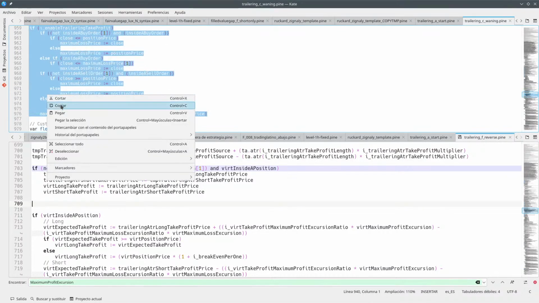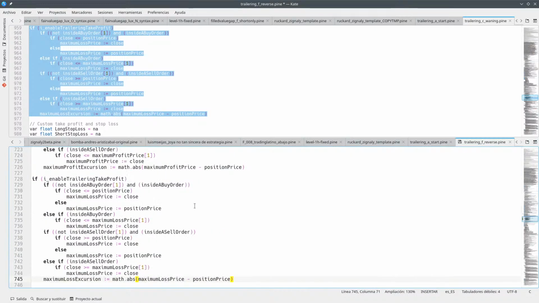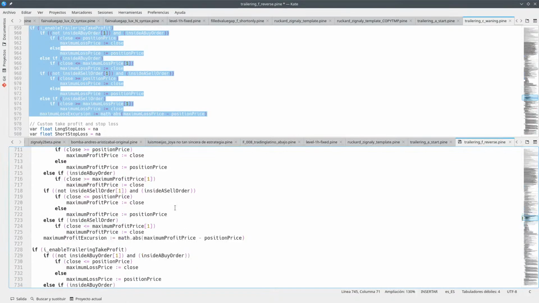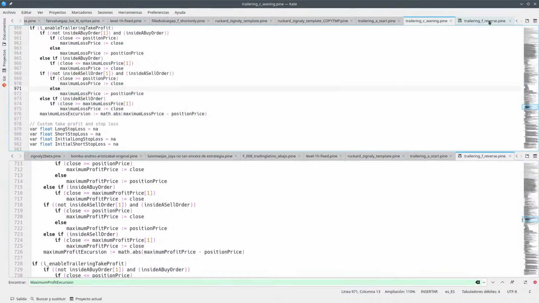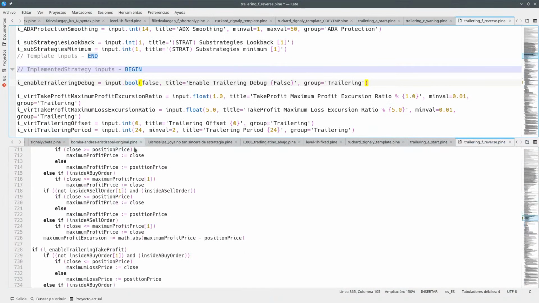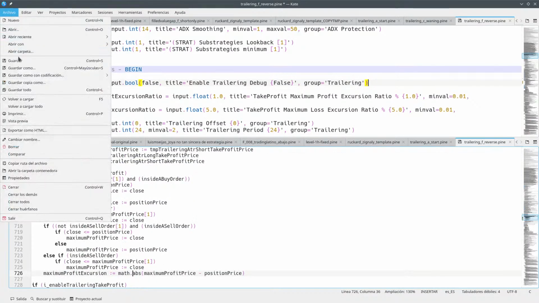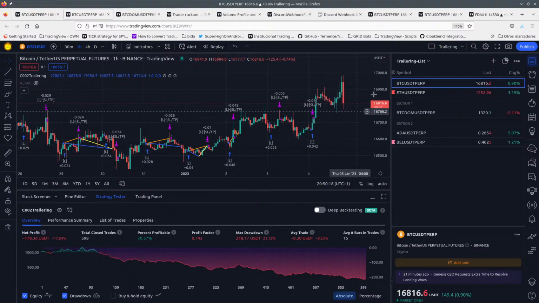That's it. So let's copy and paste, and we will have to modify some stuff, because otherwise this is not going to work properly. So on the top we are going to open our strategy again, just in case we need something else. Look at that.